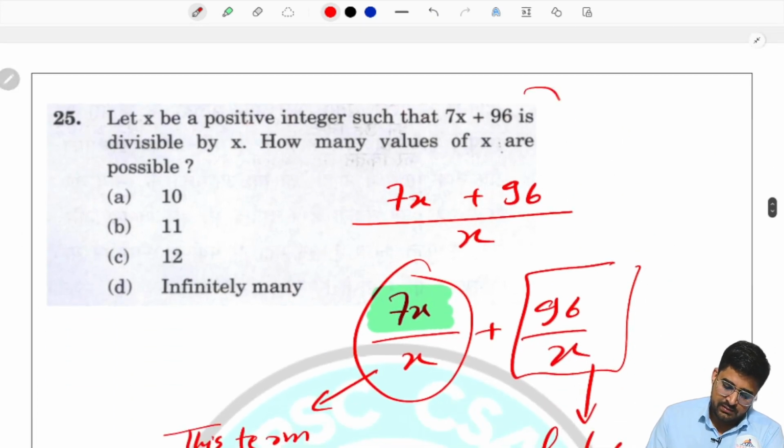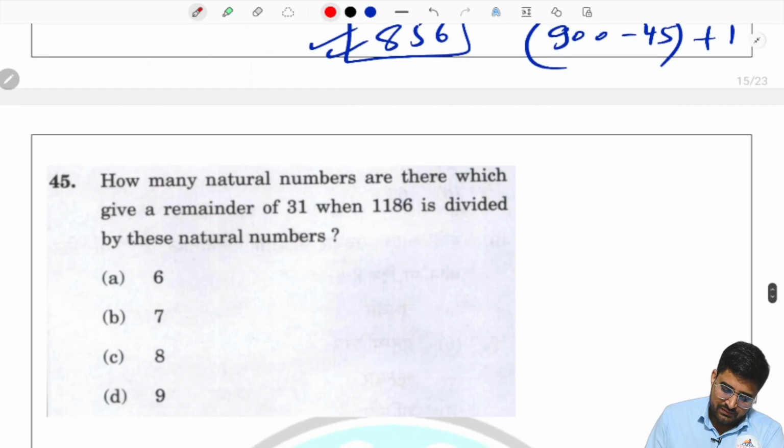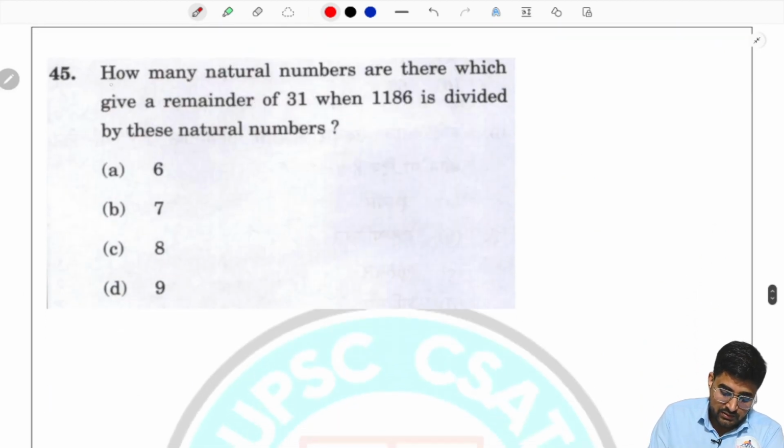Yeah, here. Similar question. Let's read the question first. How many natural numbers are there which give a remainder of 31 when 1186 is divided by these natural numbers?